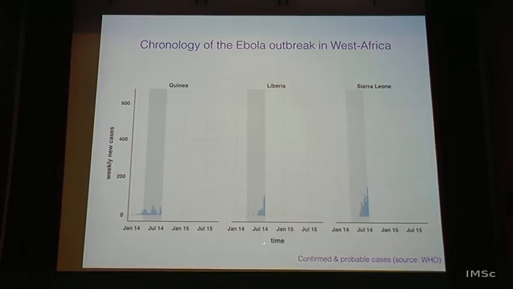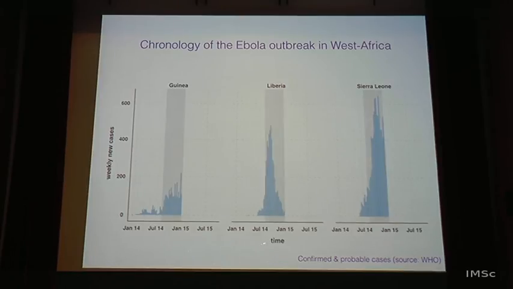Over the next months, until the end of the year, we saw a big increase in Liberia, followed by a big increase in Sierra Leone, but also, very surprisingly, a big decrease suddenly after in Liberia. That was quite unexpected. A lot of people at this time didn't really believe that this was happening.